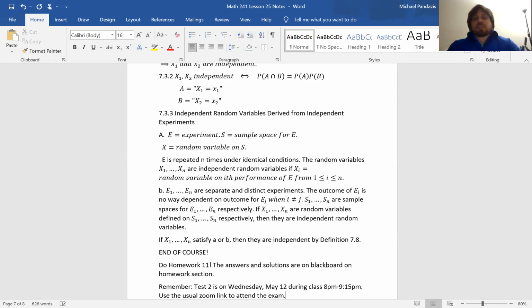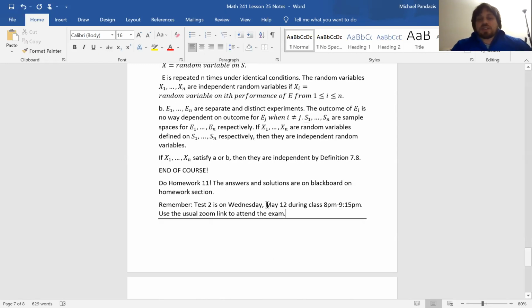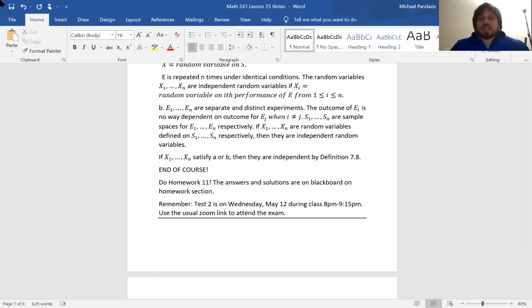That means the Zoom link you used today to join class, and every other day, is the same link to join the Zoom session for this test. The structure will be very similar to the other exam.